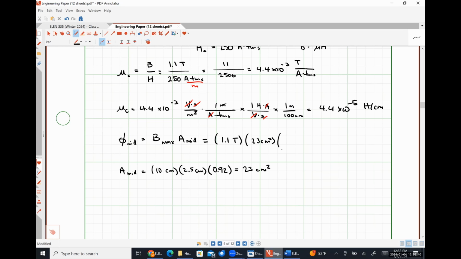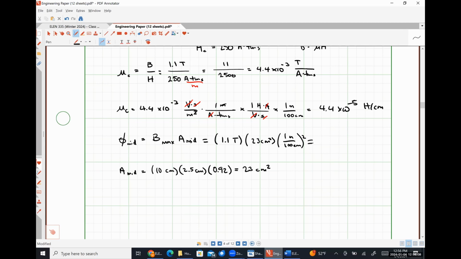I need 1 meter per 100 centimeters, that thing squared, to give me a flux that's just in Webers. That conversion factor is to account for the fact that a Tesla is a Weber per meter squared, and my area is measured in centimeters squared.